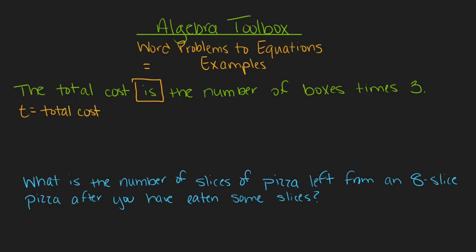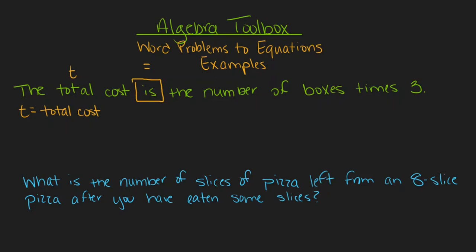I use T for total. You might use C for cost. You could use X just because you like that letter. It doesn't matter what your variable is so long as you define it for yourself. So we're using T to represent the total cost. Is the number of boxes. Well, I don't know how many boxes there are either, so I'm going to have to define another variable to represent that unknown value.